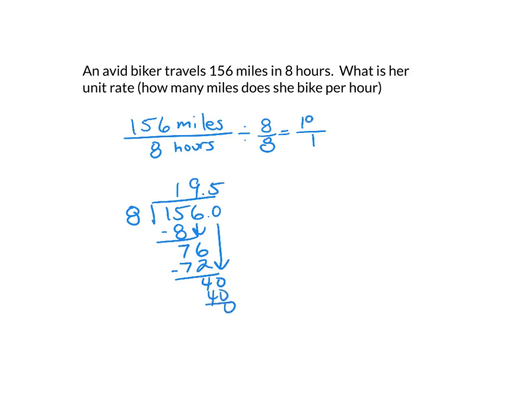So my answer is 19.5. So the unit rate is 19.5 miles per hour. And once again, I could write it as 19.5, or I could write it as 19 1/2 miles per hour. It just depends on what the directions are. If no directions are given as to which way to write it, you could write it either way.